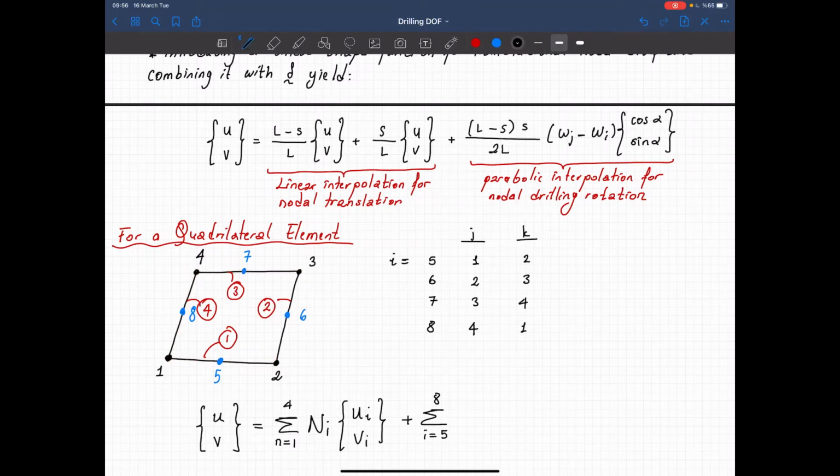So I will just use NS for that. It's also called the serendipity shape functions. I have to correct one thing here: these shouldn't be i's, they should be n's. Sorry, this is n and n and n.